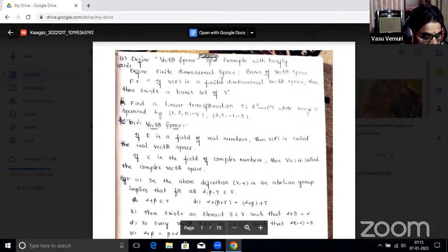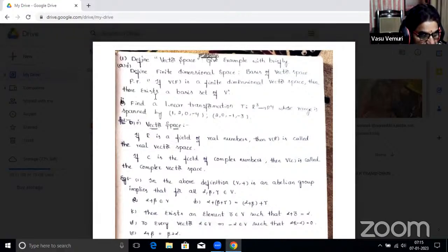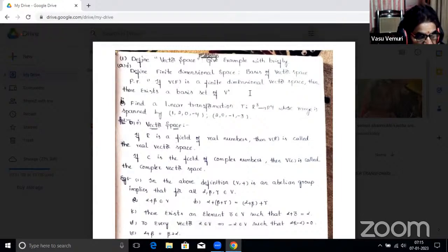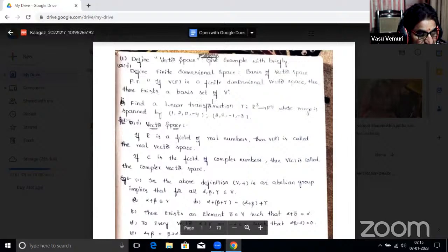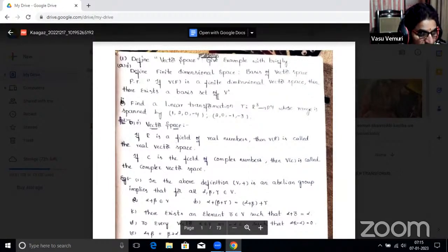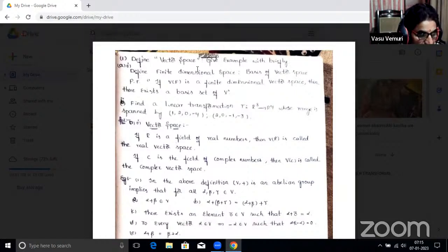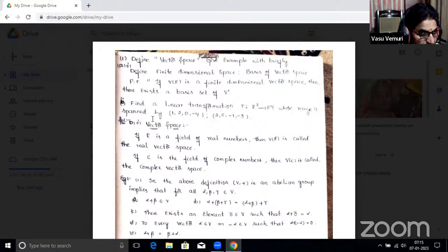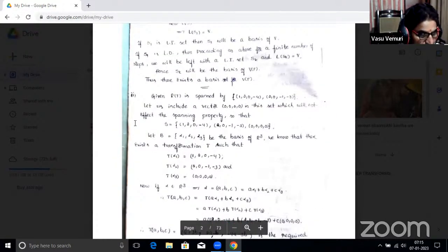And define finite dimensional space and the basis of a vector space. Prove that if V of F is a finite dimensional vector space, then there exists a basis set of V. This is one of the important theorems in the examination, which is also given along with the definitions. First of all, define basis of a vector space, finite dimensional space, and prove that if V of F is a finite dimensional vector space, then there exists a basis set of V. That is one of the questions from the examination point of view.